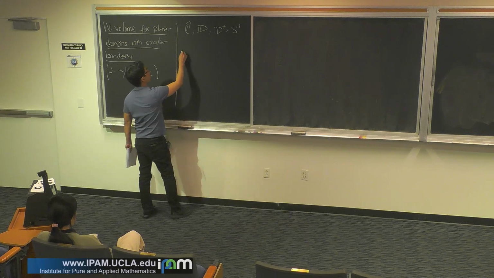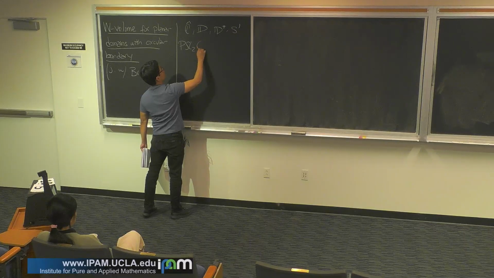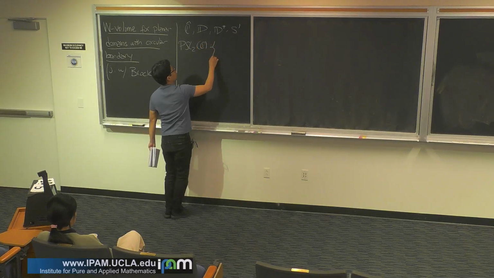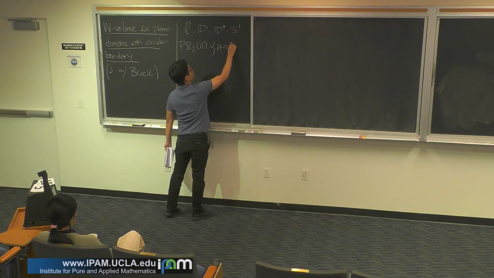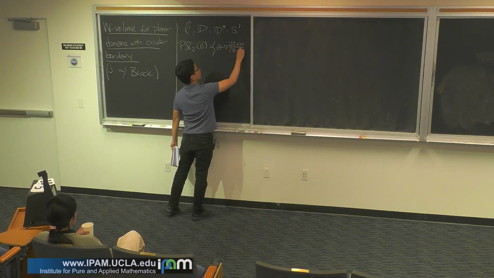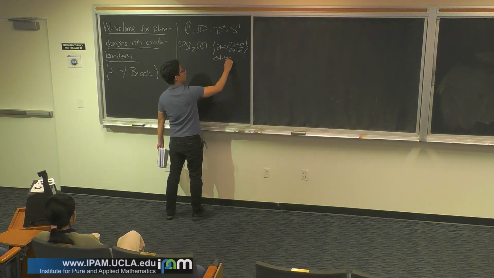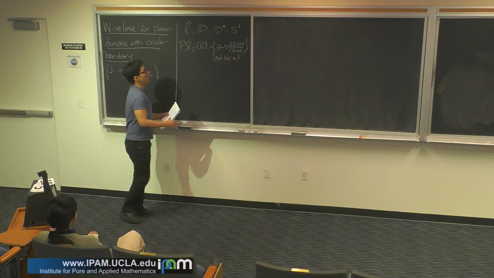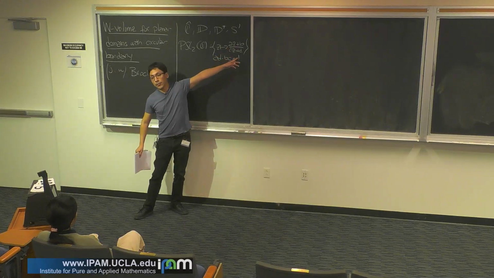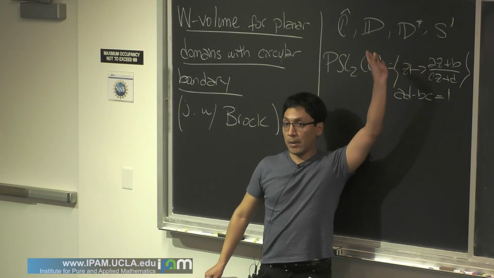I will be referring to the group of Mobius transformations as PSL2C. These are all the linear maps of the following form, (az + b)/(cz + d), under the condition that the determinant is equal to 1. I really want to think of it as a linear transformation, not just as the matrix, so multiplying by -1 does not change what my map is going to be.